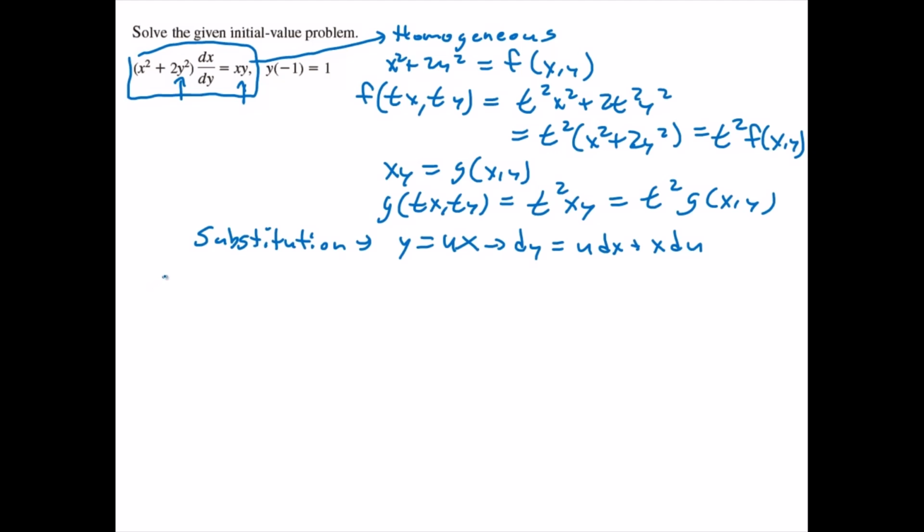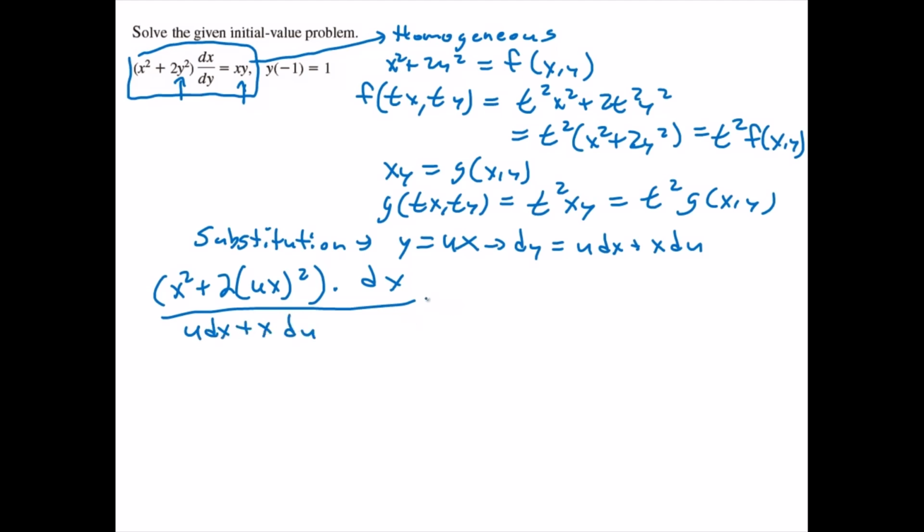So on the left-hand side, we'll get x squared plus 2, and then the y is going to become ux, and we'll square that. Then we'll multiply by dx over dy, which is now u dx plus x du. And that will be equal to x times y, which is now ux.